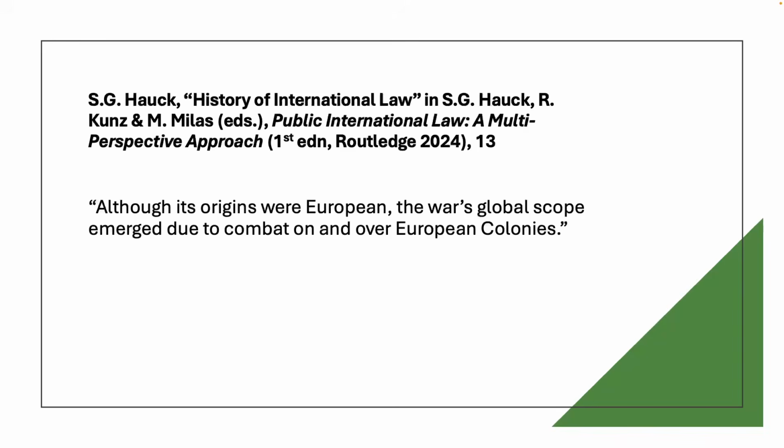So when we think back to the previous lecture, we spent a lot of time talking about the impact of colonialism. And here is an example of how a principally European war becomes a world war, a global conflict, because, quite frankly, of this issue of colonialism among all of these different European empires.